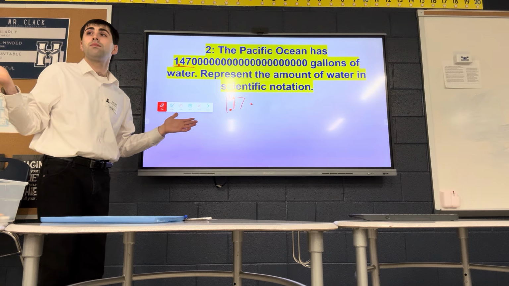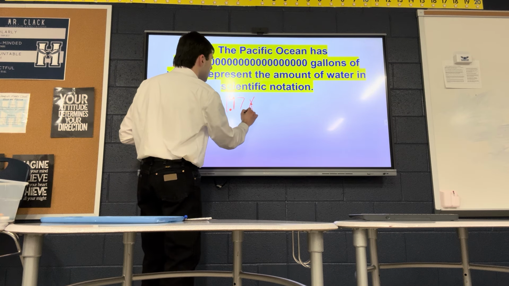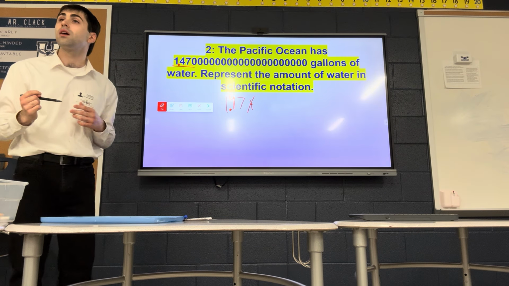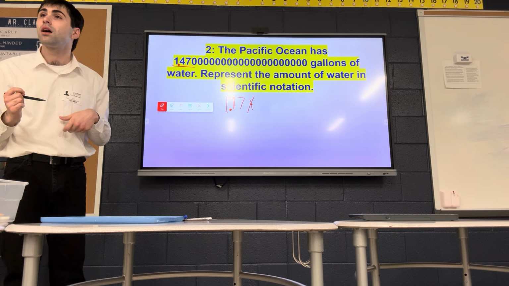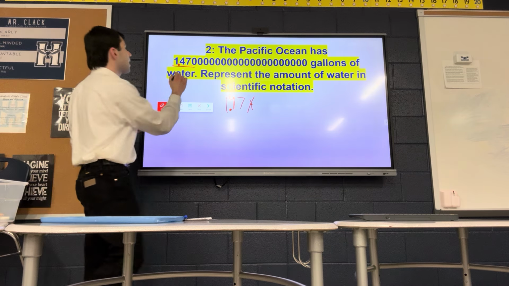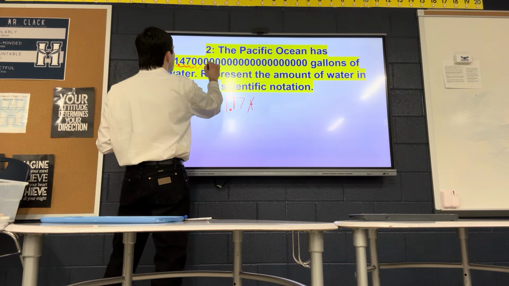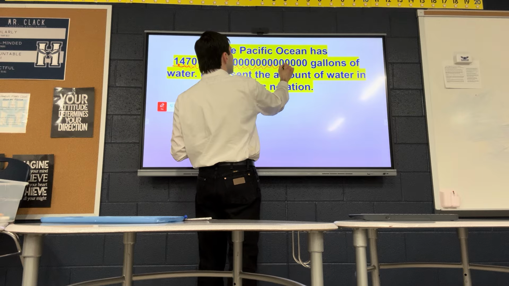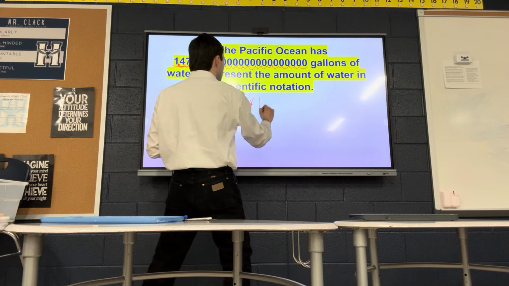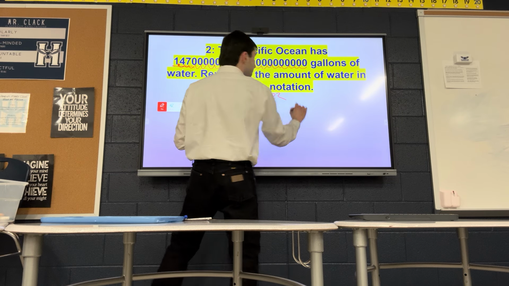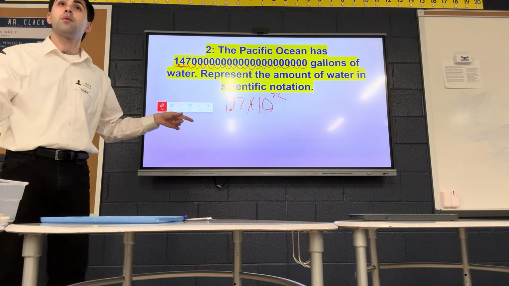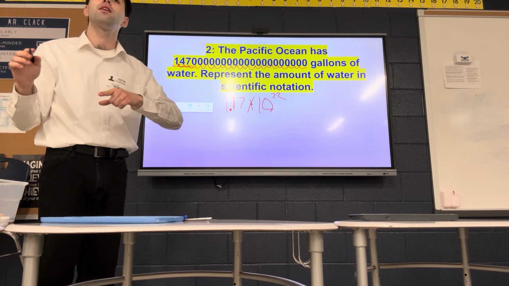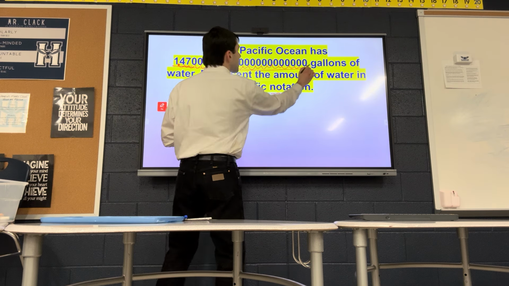It's 1.47 times how many zeros? 22. I counted: 1, 2, 3, 4, 5, 6, 7, 8, 9, 10, 11, 12, 13, 14, 15, 16, 17, 18, 19, 20, 21, 22. Times 10 to the 22nd. Do you get how we got 10 to the 22nd? We have to just skip count all the zeros.